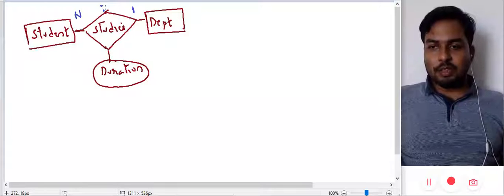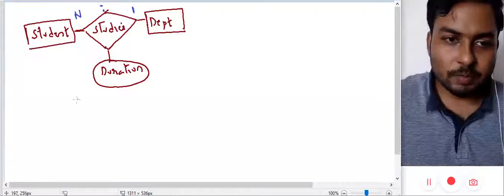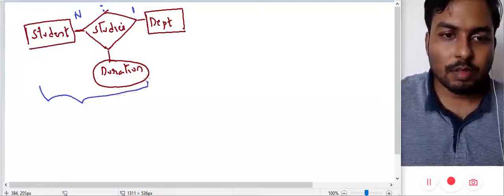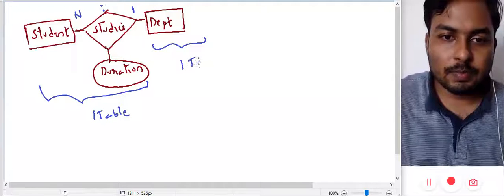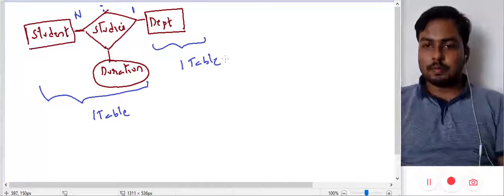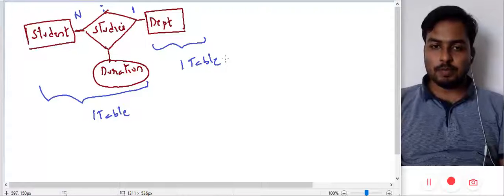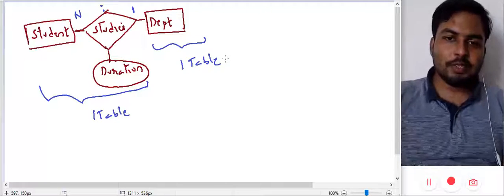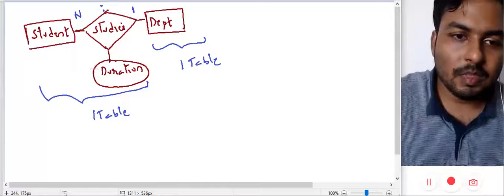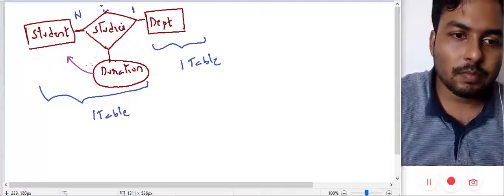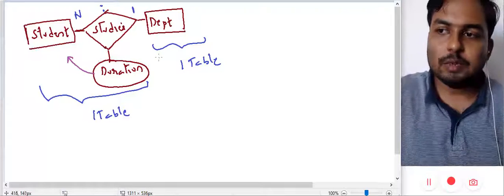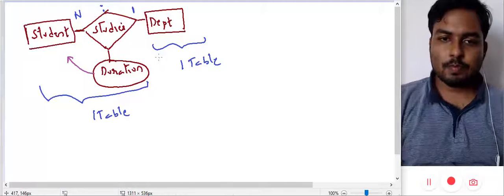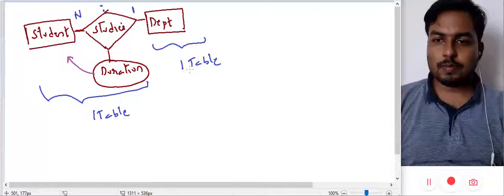Now, when I have to draw the relational model for this, what did I tell you? When it is a many-to-one relationship, these two will become one table, and this will become another table. So in that case, this descriptive attribute will go with the student table.